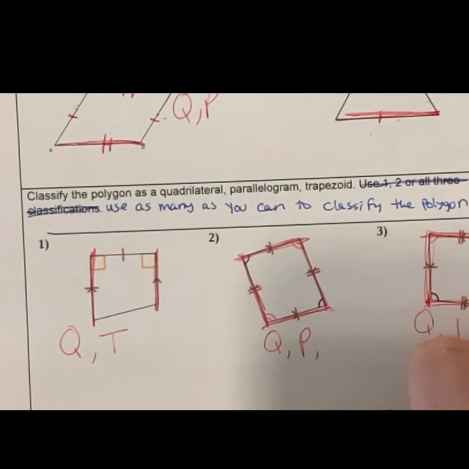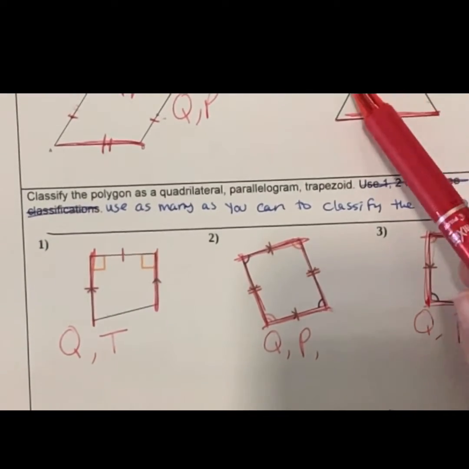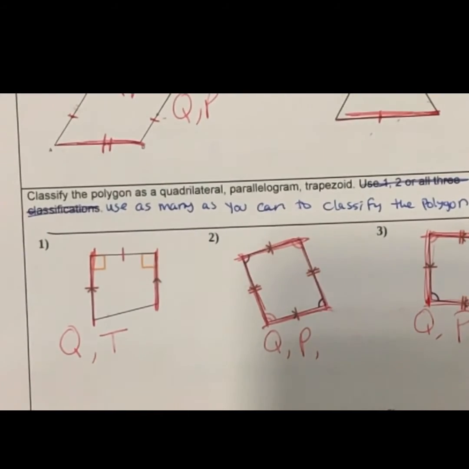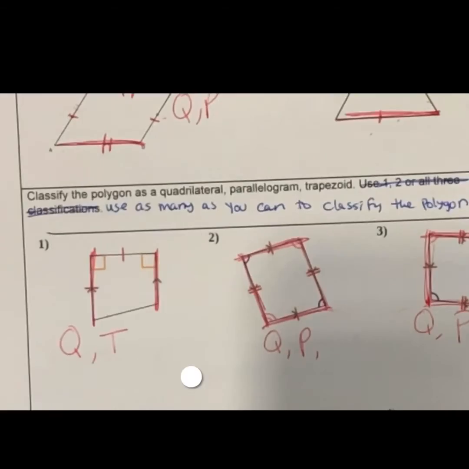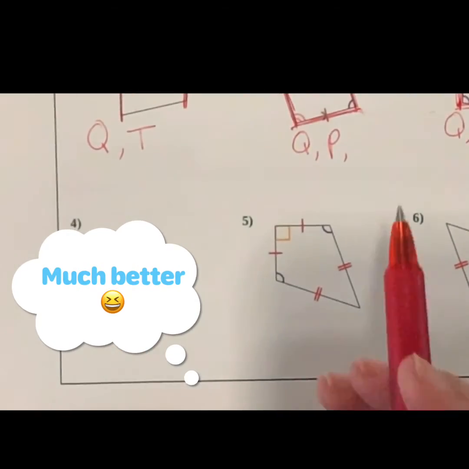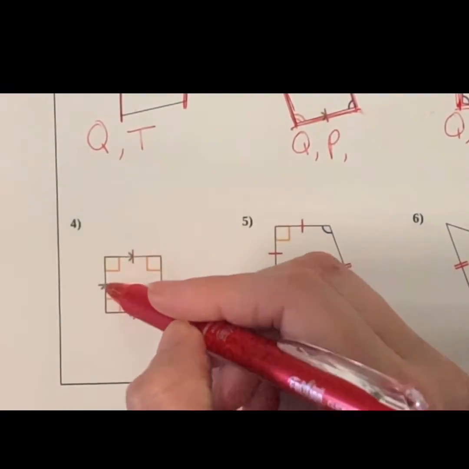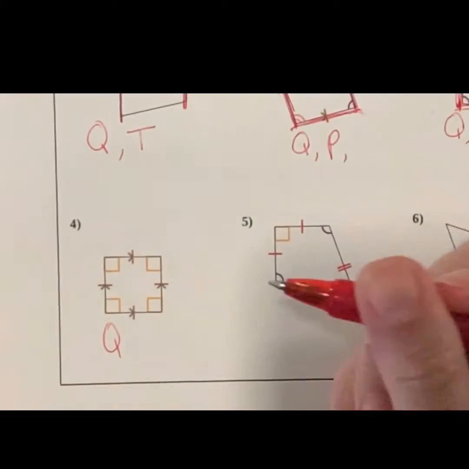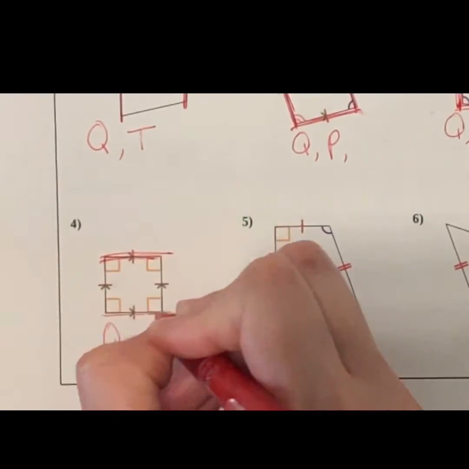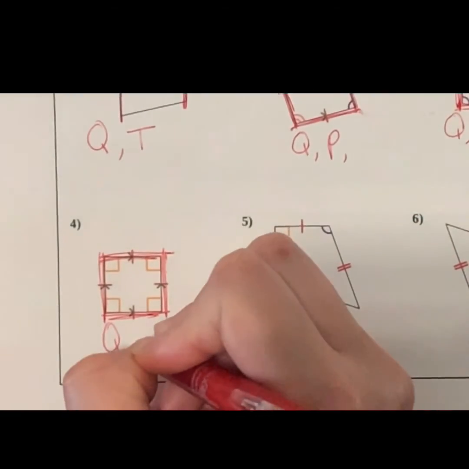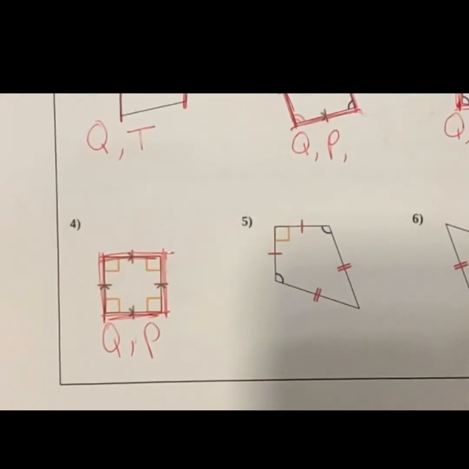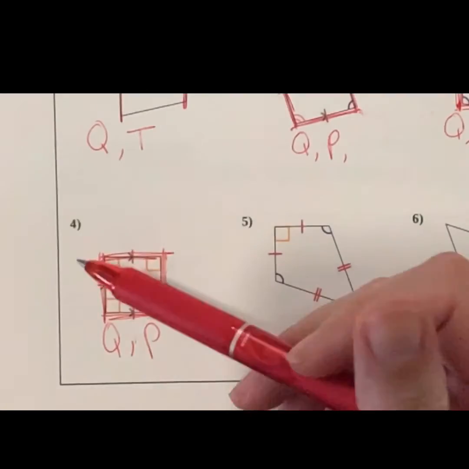Yes, so this is a parallelogram. It's not a trapezoid because a trapezoid only needs one set, one pair to be parallel. All right, let's look at this one. This is a quadrilateral. 1, 2, 3, 4, yes. Does it have opposite sides that are parallel? This is parallel, and this is parallel. So yes, that would be a parallelogram. It's not a trapezoid because it has 2 pairs.